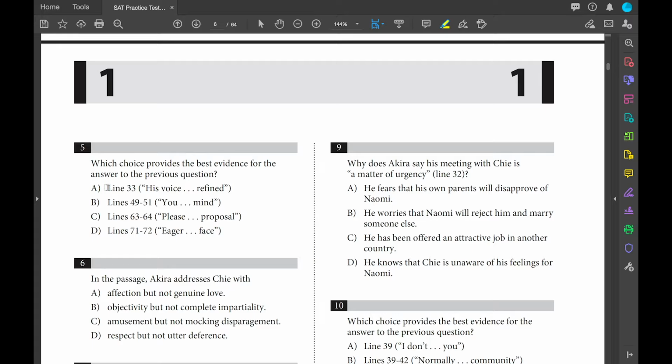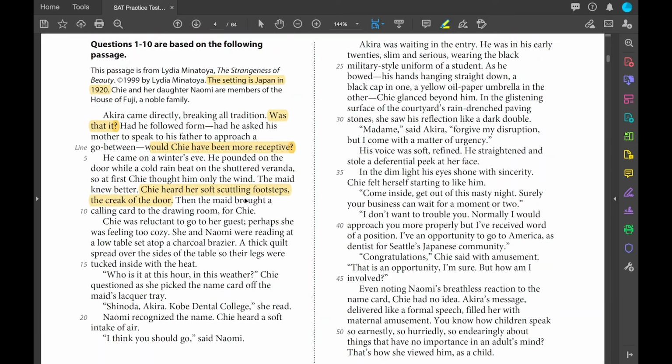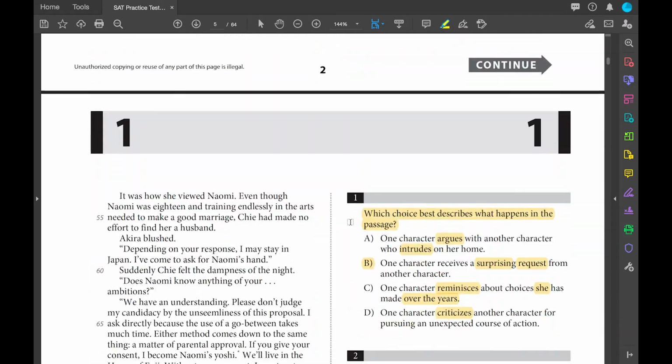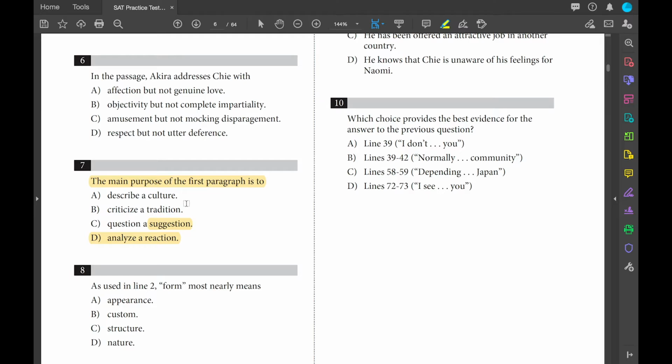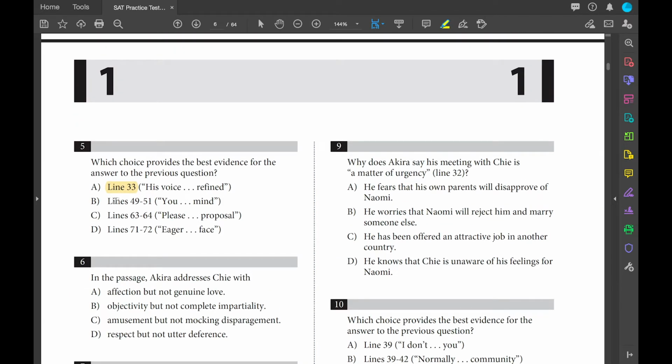So let's check this out. So line 33, his voice was soft, refined. Line 33 is literally just his voice was soft, refined. It says nothing about Akira or Chiya's interaction. All right, jumping back to number 5. So lines 49 to 51.